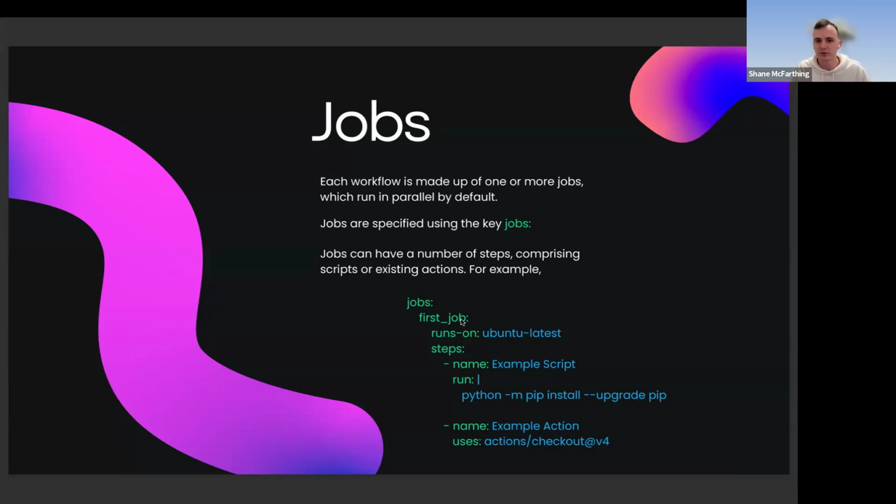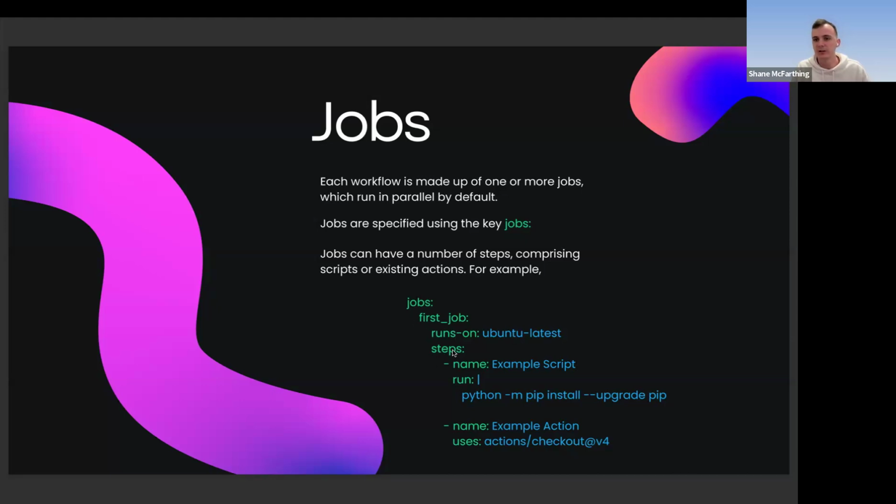In this case, we just call it first job, and then each job will have the environment that we want it to run on for the runner. We say ubuntu-latest in this case, which is not the latest version of Ubuntu that's available. It's just the most recent version of Ubuntu that is supported in the runners hosted by GitHub.